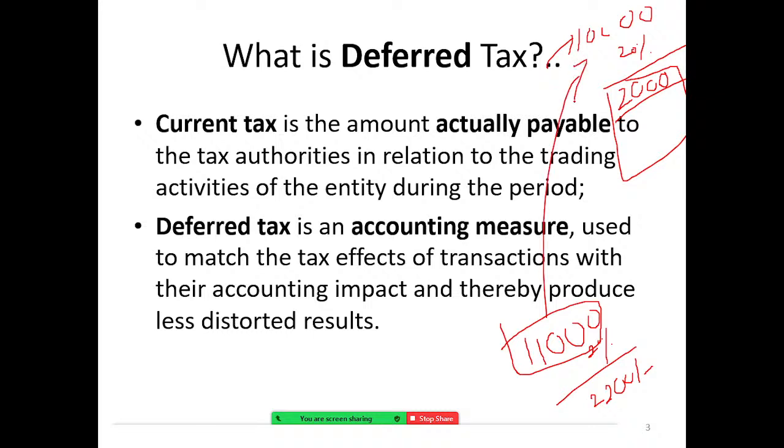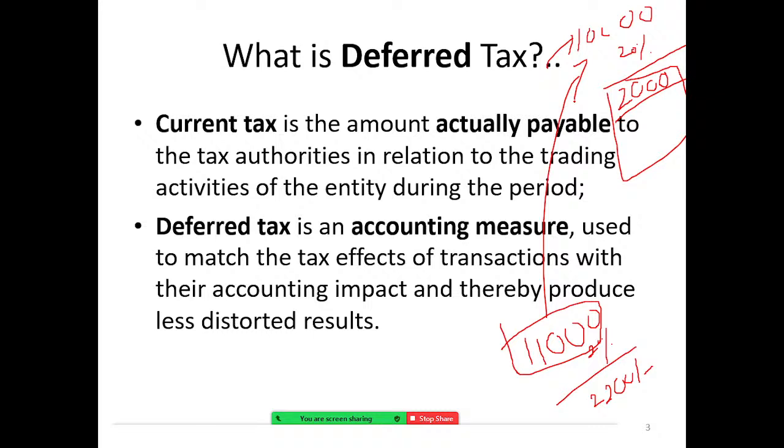There are some temporary differences, and there are some permanent differences. In the case of permanent differences, there are no future deferred tax assets or deferred tax liabilities. But in the case of temporary differences, say for example depreciation for motor vehicles, motor cars, furniture, machineries, normally the tax authorities allow a 20%, 5-year depreciation rate.